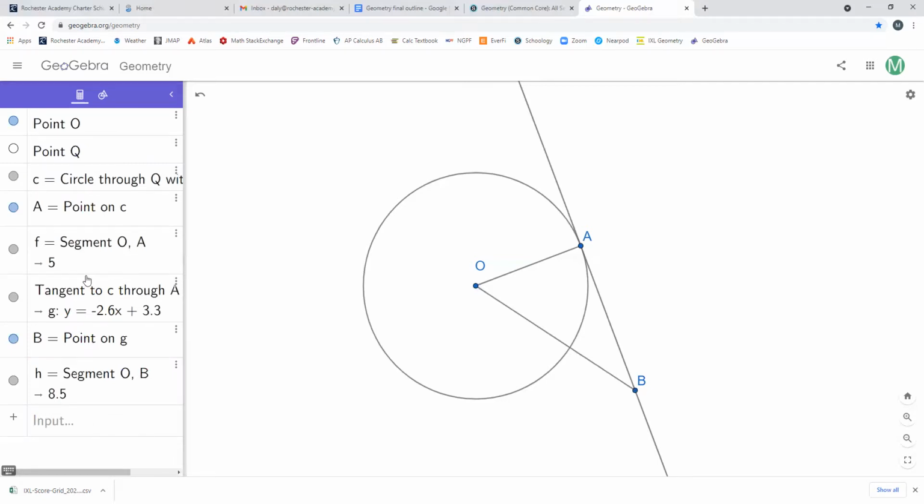Once again, we can see the radius of the circle is still 5, and we can see the distance from a point on the line to the center. And first of all, I want you to notice what the distances from B are doing. And the question that I want to ask you is, what point on this line is closest to the center of the circle?